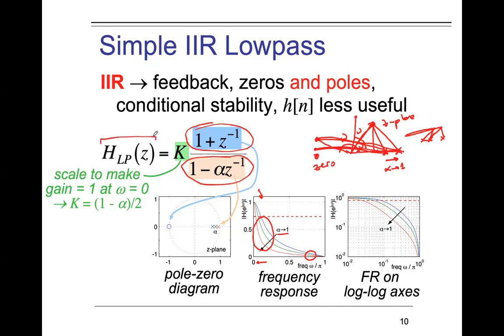Okay? When I increase omega, the distance between this point and 0 is going to be lower, and this point and pole will be higher. What does this mean? Omega is increasing, H is decreasing. This is a low pass filter.